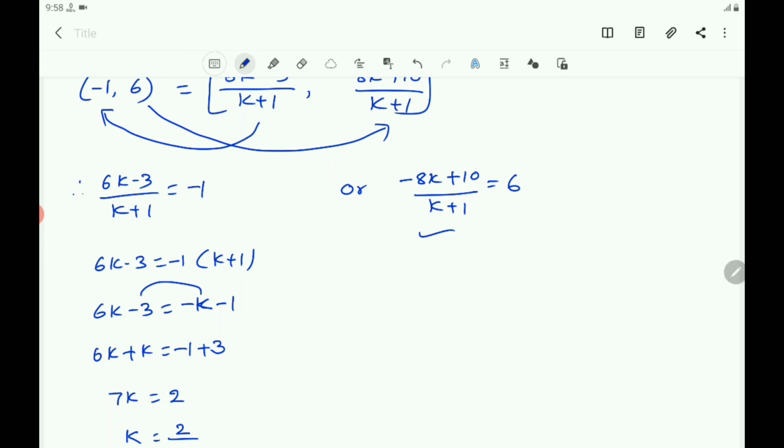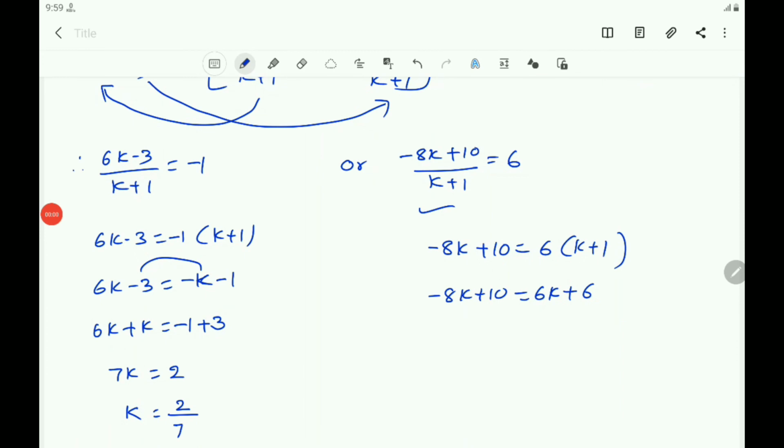So you take minus 8K plus 10 equals 6 into (K plus 1). Then minus 8K plus 10 equals 6K plus 6. Then minus 8K minus 6K, transferring 6K to the LHS, equals 6 minus 10.